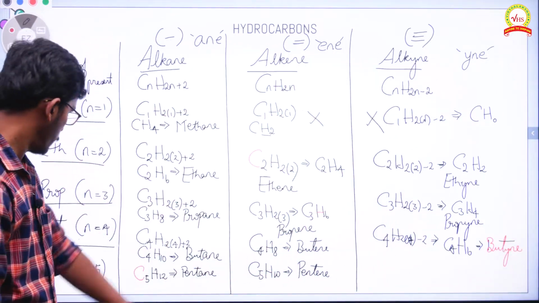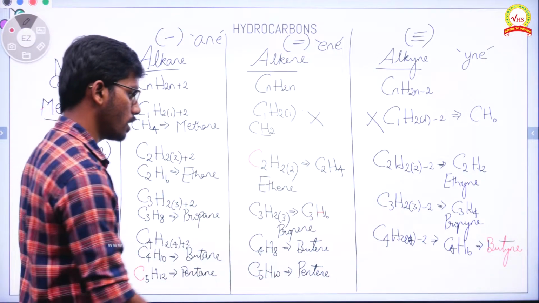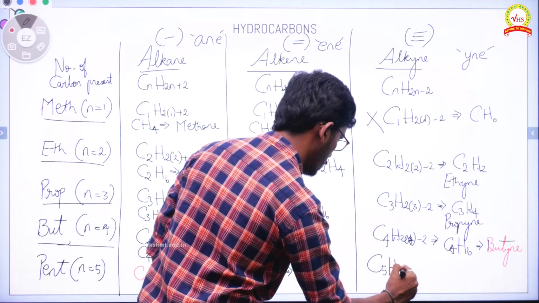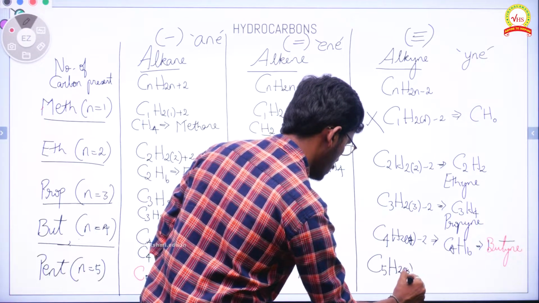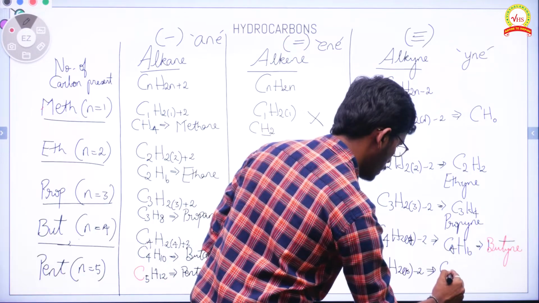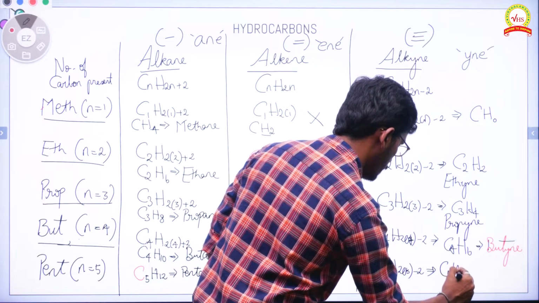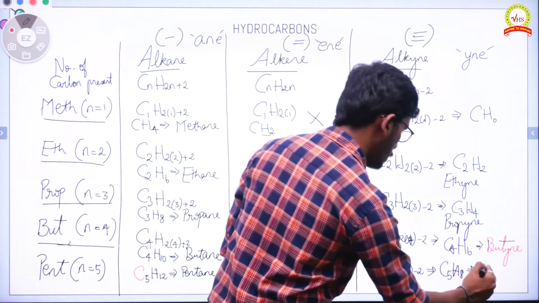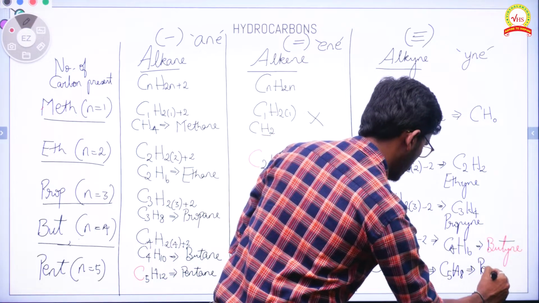Okay, so for the last one, 5 carbon atoms, let us substitute C5H2 into 5 minus 2. So if we simplify, the formula is going to be C5H8, and the name for this compound is going to be pentyne.